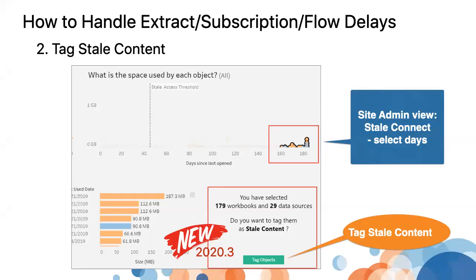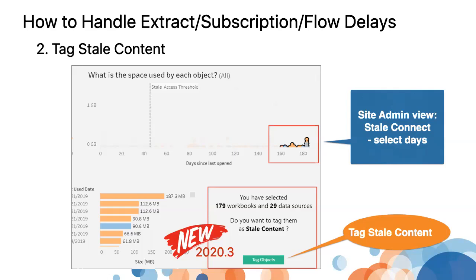So this little window on the right lower corner, the tag objects feature, is new on 2020.3, but this actually is a pretty big feature I want to show you.